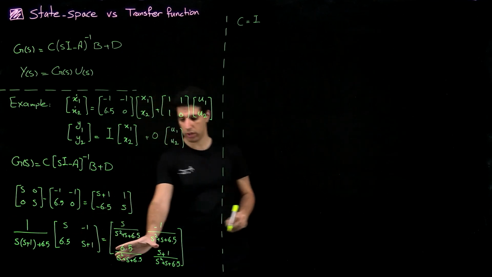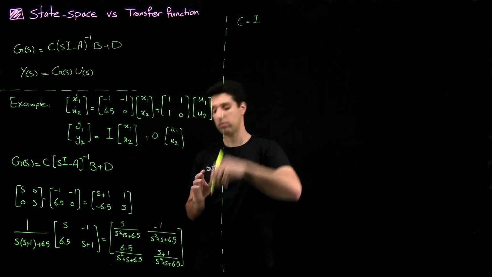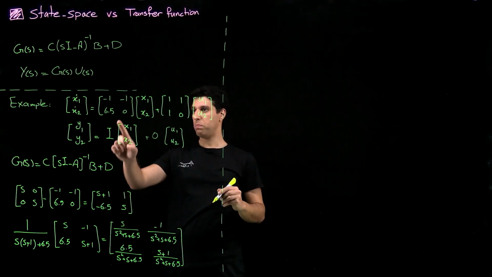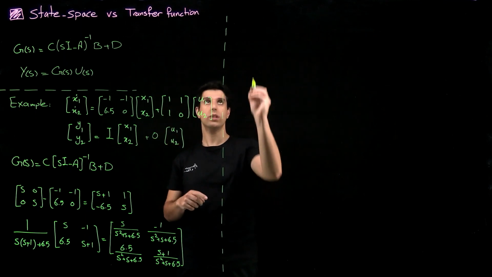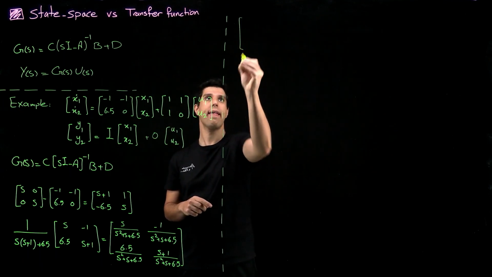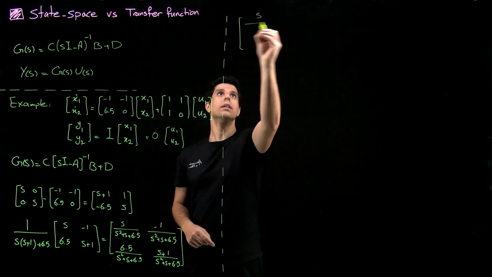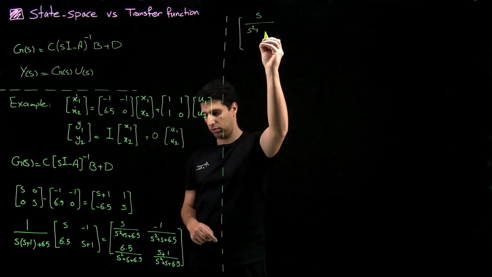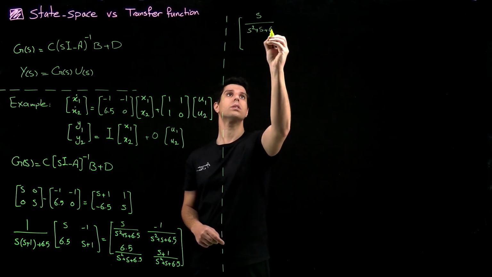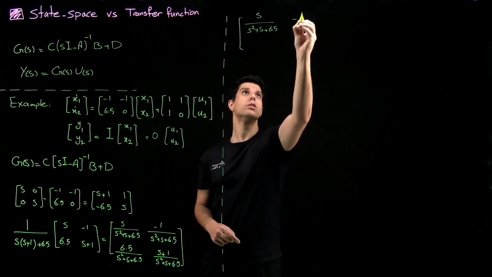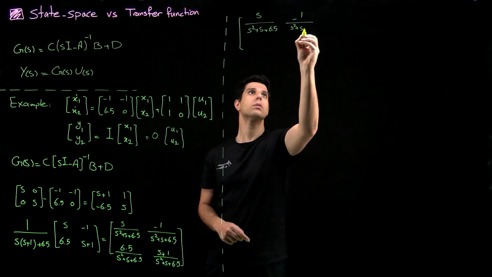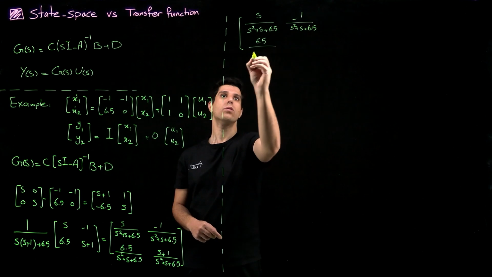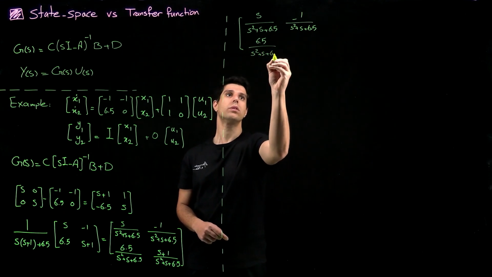So all I need to do is to multiply this by B. So now I don't need this. So my B is 1110, and I have S over S squared plus S plus 6.5, minus 1 over S squared plus S plus 6.5, over S squared plus S plus 6.5.